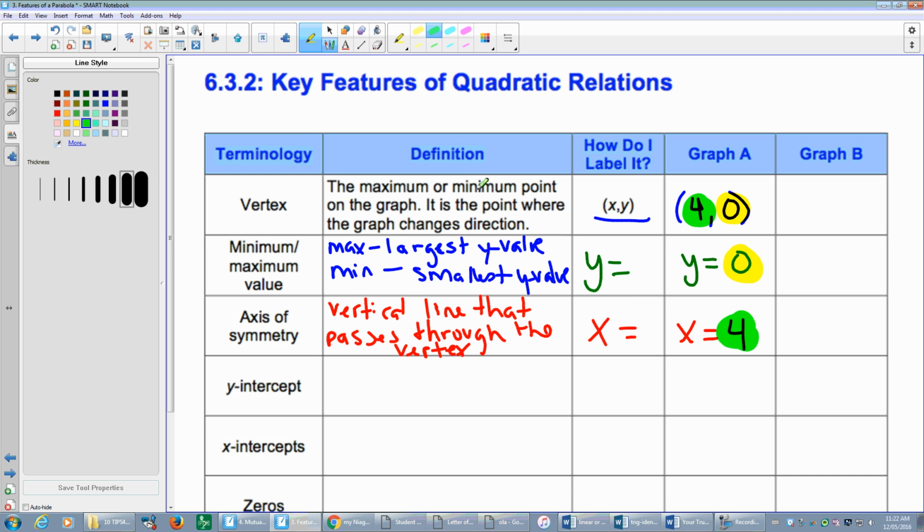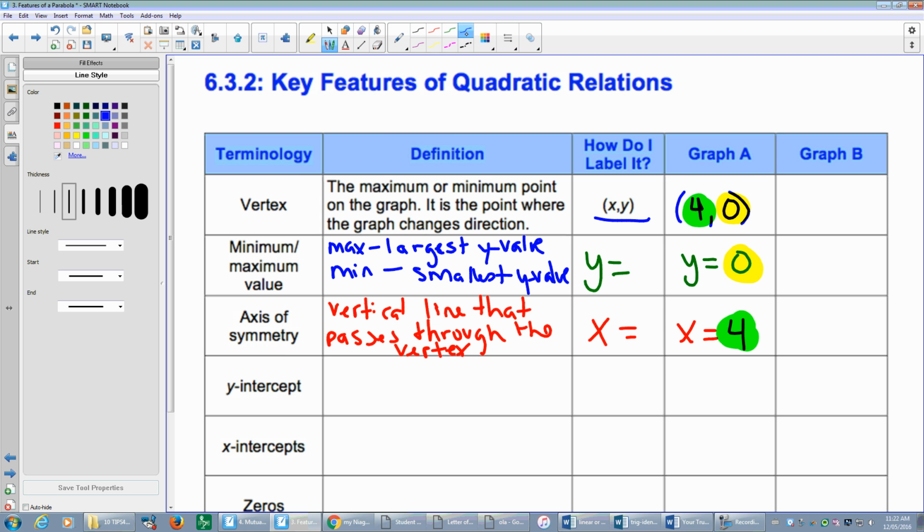Okay, another piece of information that we can find, sometimes it's easier than others, is the y-intercept. And we actually know how to find the y-intercept from our linear equations unit.